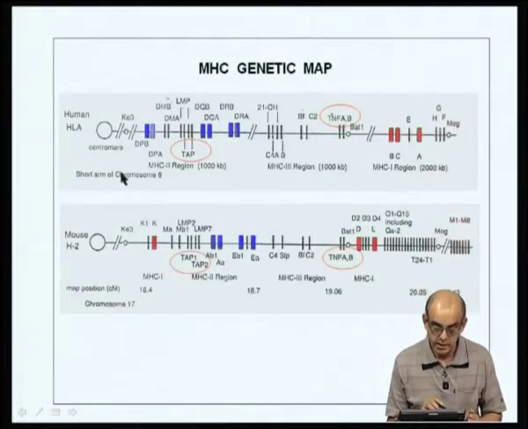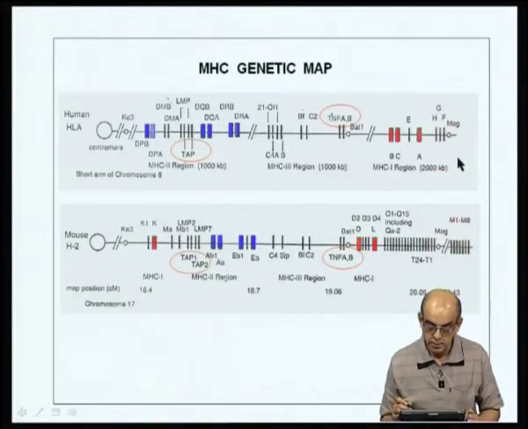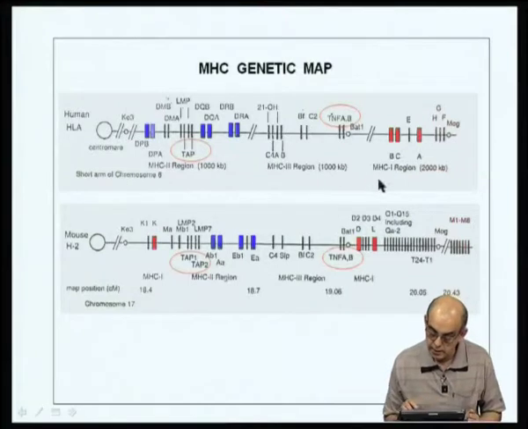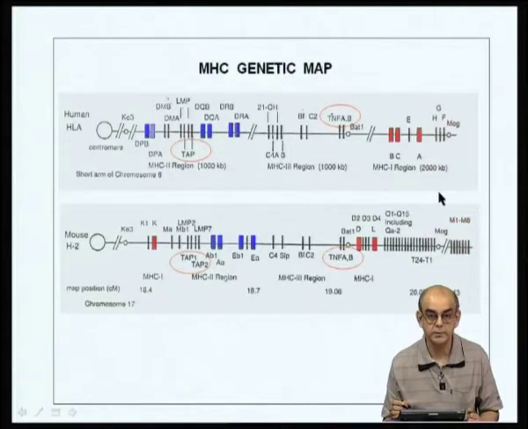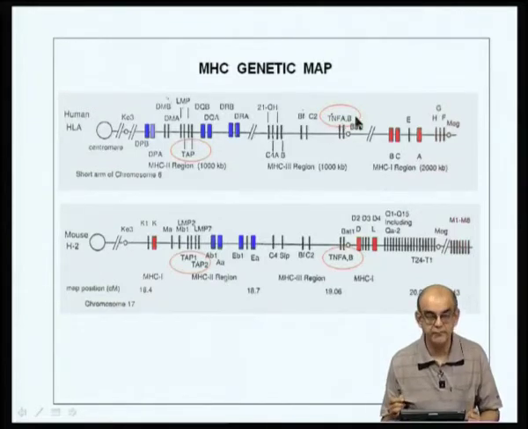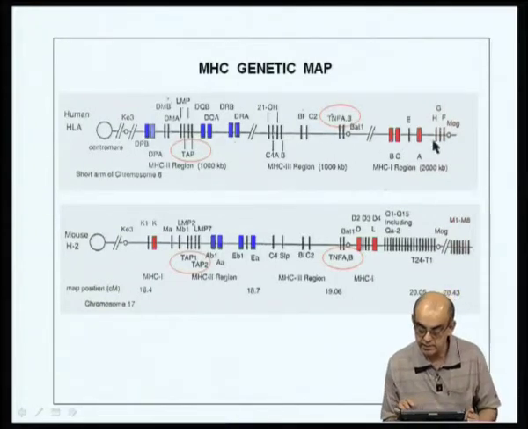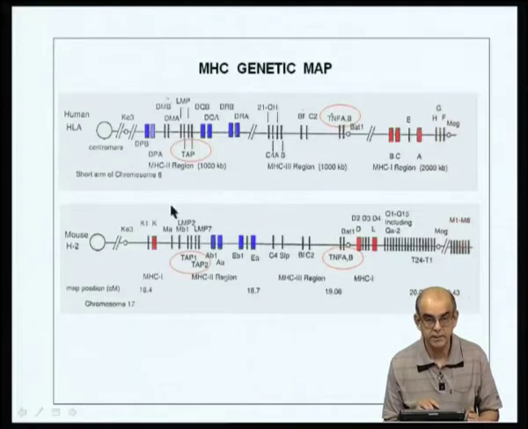So, these are the details of the MHC region that is found in different textbooks. If it is not legible in this slide, one could refer to Kuby and find the same information. I would like you to note the following point, which is circled over here, TNF A and TNF B. TNF stands for tumor necrosis factor, which is a cytokine that is found in the same region on the same chromosome as the MHC.